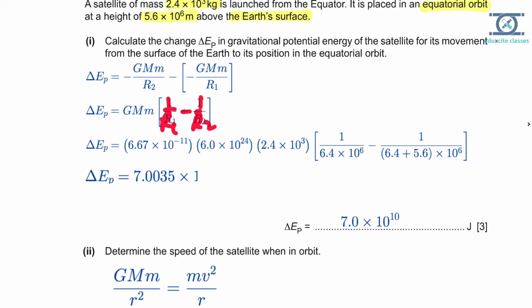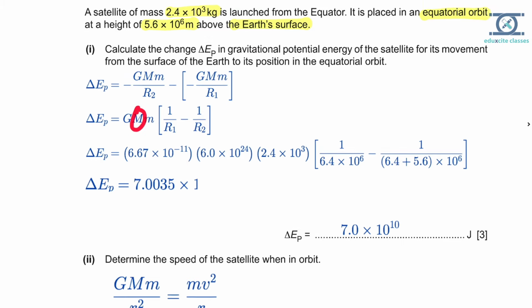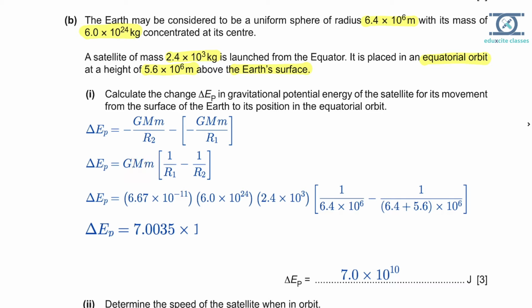Now these are the values which are already given in the data. You can see 6.67 into 10 raised to power minus 11. Capital M is the mass of the earth, which is 6 into 10 raised to power 24. Small m is the mass of the satellite, which is already given, 1 upon r1. R1 is the radius of the earth, because we have already considered that the mass is concentrated at its center, so r1 will be the radius and r2 will be the radius plus the height, because the height is given from above the earth's surface.